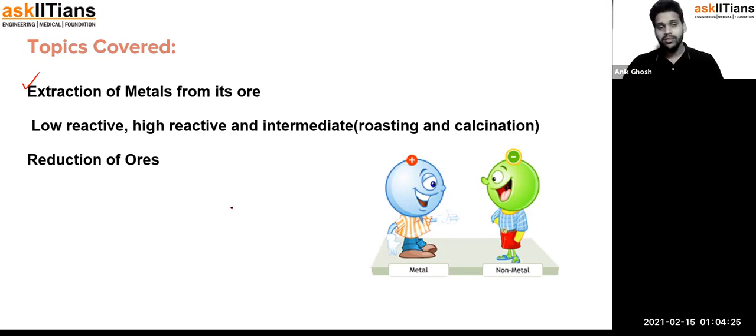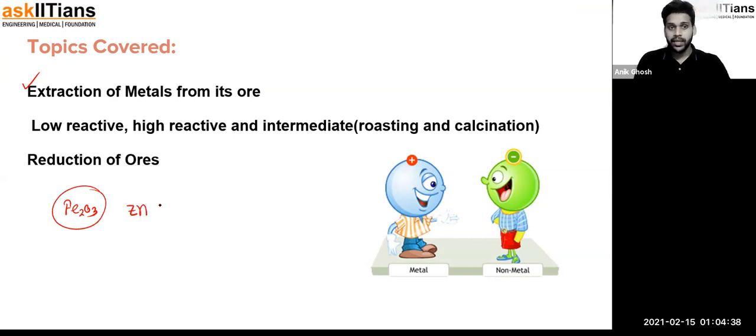As you know, in the ore the metal remains in oxide form, like Fe2O3, hematite, or in carbonate form, like calamine, zinc carbonate, or in sulfide form. There are many ores in sulfide form as well, like galena or cinnabar.